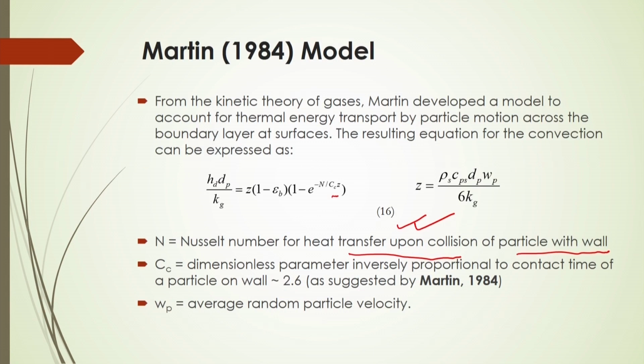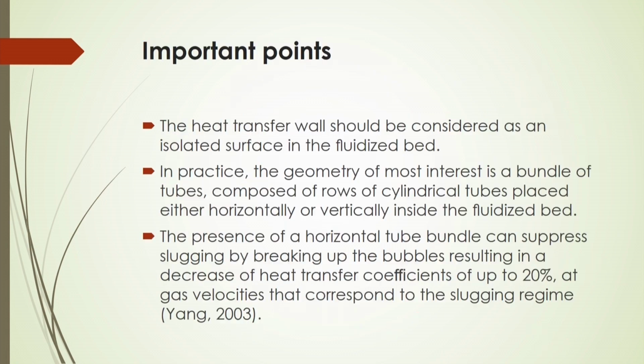Once you know this Nusselt number, you substitute the value of Nusselt number here, and then substitute epsilon_b and C_c, which you know will be 2.6, and other operating variables of z will be calculated from this equation here, and finally, you will get the heat transfer coefficient based on this approach. Now, some important points here: the heat transfer wall should be considered as an isolated surface in the fluidized bed in these cases.